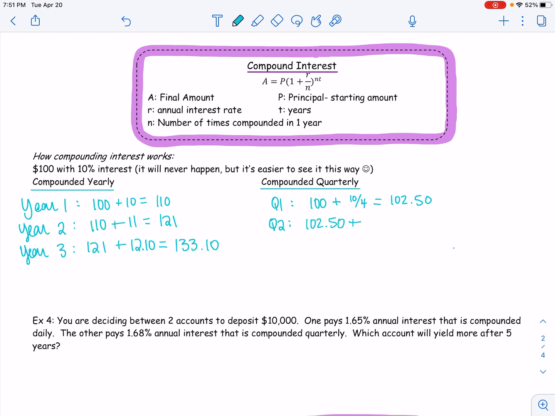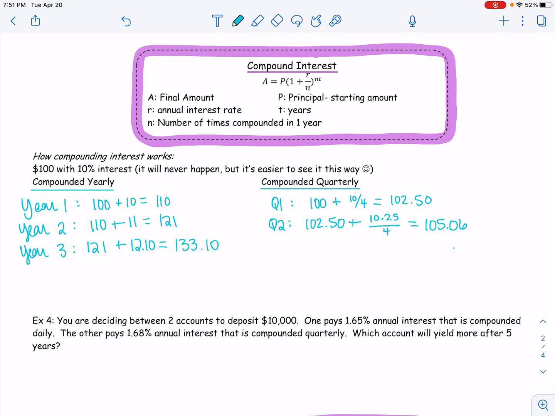So I take that amount and I take 10% of that amount and divide by 4. Well, 10% of $102.50 is $10.25, divided by 4, which is going to give me something like $105.06.